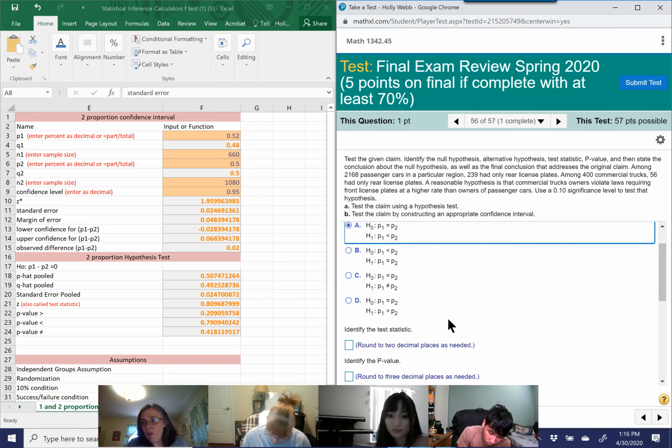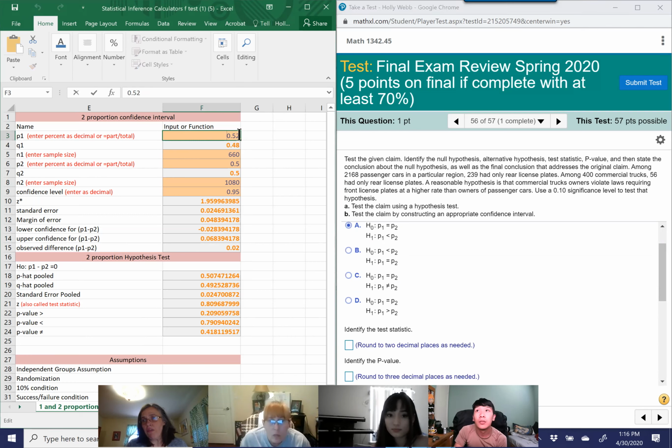And now I think we're ready to go ahead and put it in this calculator. So P1 is our cars. We're going to do the number of cars with rear license plates only over the total number of cars. So that's going to be 239 over 2168.